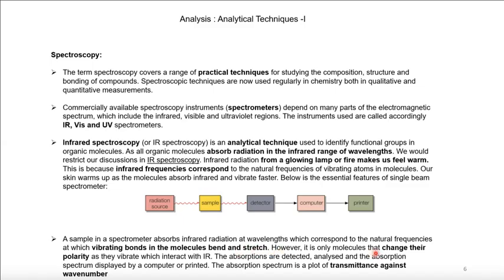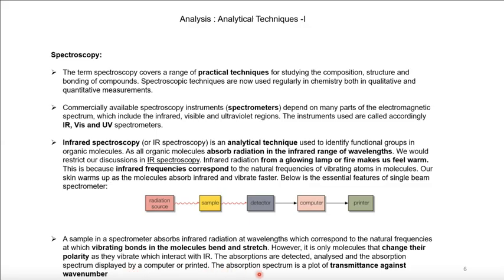However, only molecules that change their polarity matter. We have been talking about polar molecules. So when we have a source of radiation, and due to this radiation the molecule changes polarity, we can detect those molecules by infrared spectrophotometer.